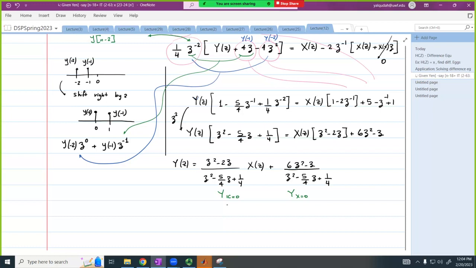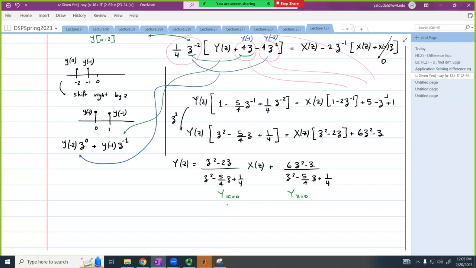What is the transfer function? The transfer function, by definition, is y over x when the initial conditions are 0. So if I set the initial conditions to 0, this is going to be gone. Therefore, what is h of z? z squared minus 2z over z squared minus 5 over 4z plus 1 over 4. Make sense? So please keep that in mind.